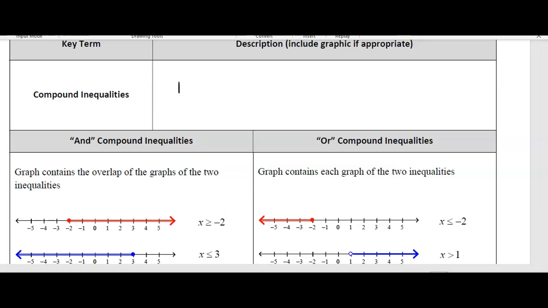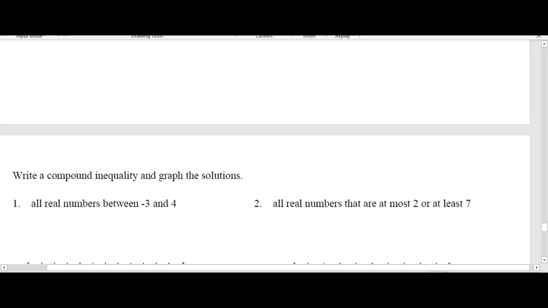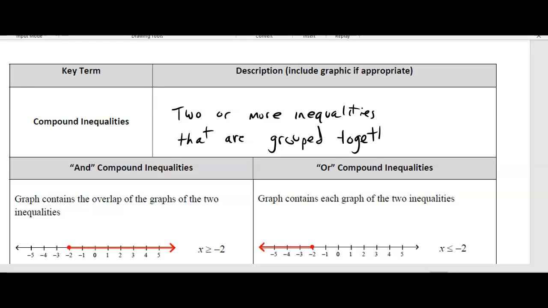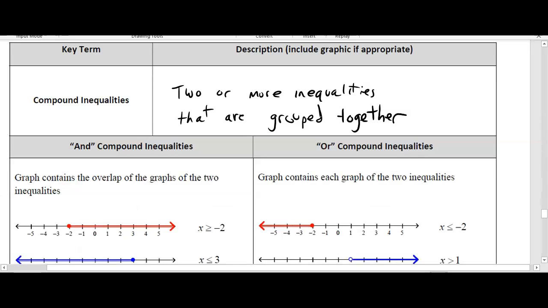Okay, and that is just simply two or more inequalities that are grouped together.